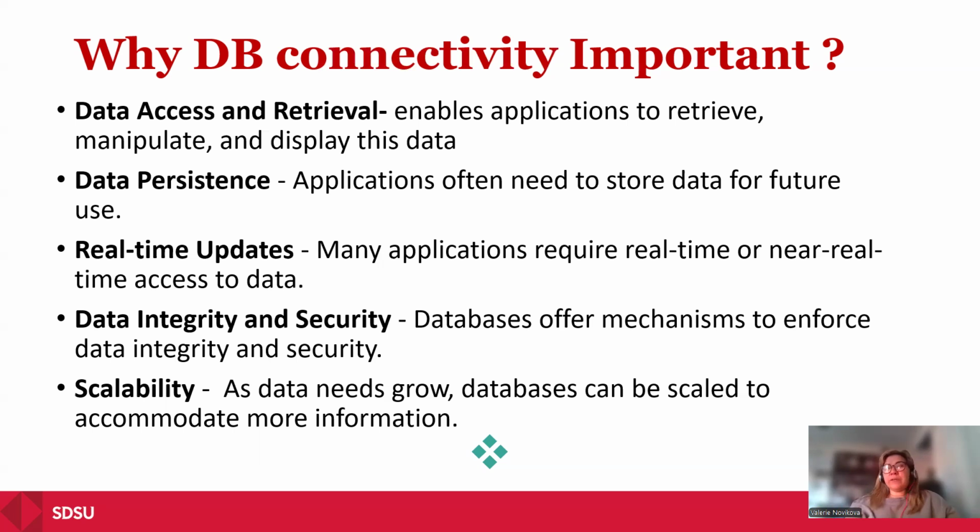So also real-time updates, what does it mean? When it comes to real-time updates, many applications require you to know the state of the data at the current point in time. For example, we talked about bank transactions. So if you and your partner or your significant other or your parent have the same checking account, and say you have $100 in this checking account.